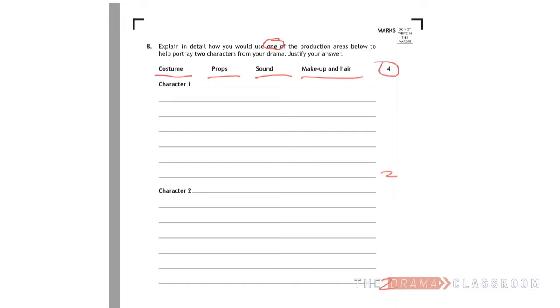So really what we're doing, and I do this every time, is we do point, explain, and then justify. So you're going to say, the costume of this character, that would be your point.